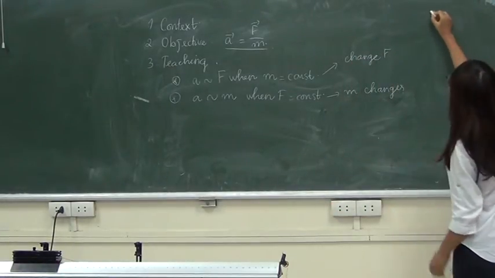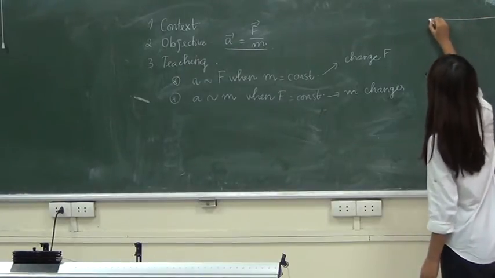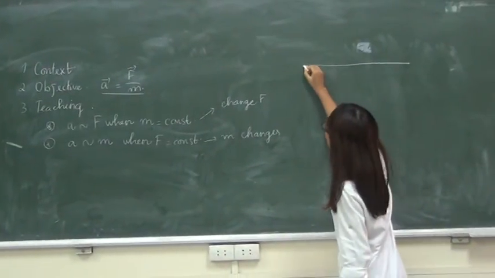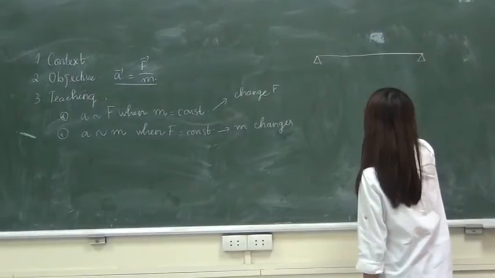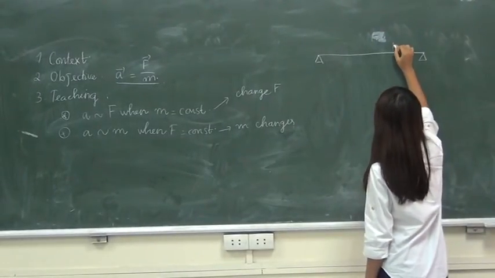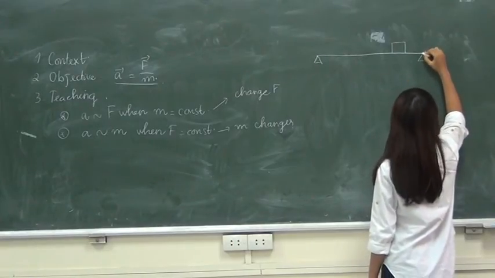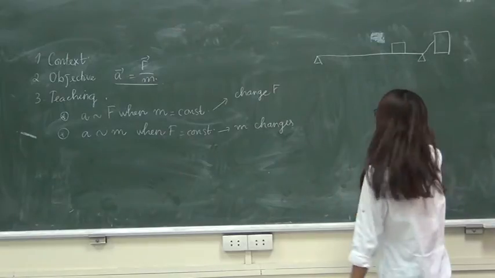We have an air track. We can adjust its horizontal direction by adjusting the screw. The car is on the air track, and the air track is connected with the air pump like this.